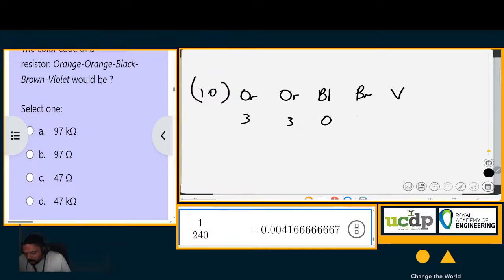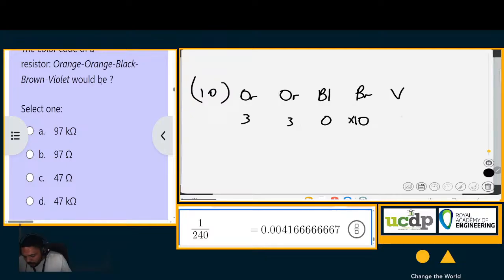Brown means times 10 to the 1, and 10 to the 1 is just 10. This is your multiplier, times 10.